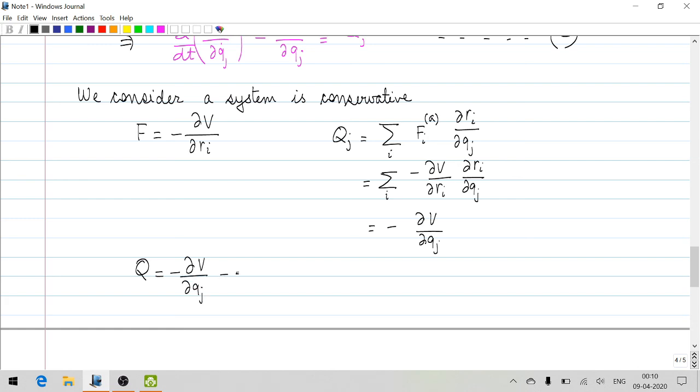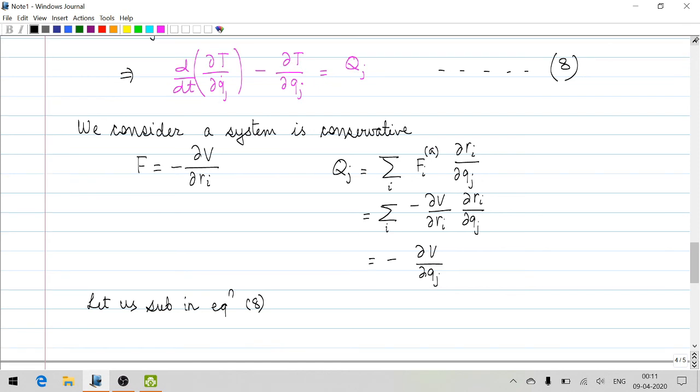But I'll add one more term out here, dou V upon dou qz dot. Rather, I'll do it later. Okay. Let us substitute this in equation 8.